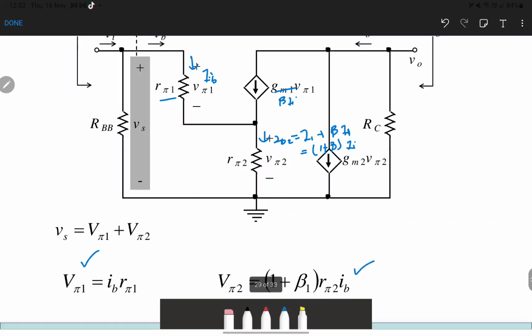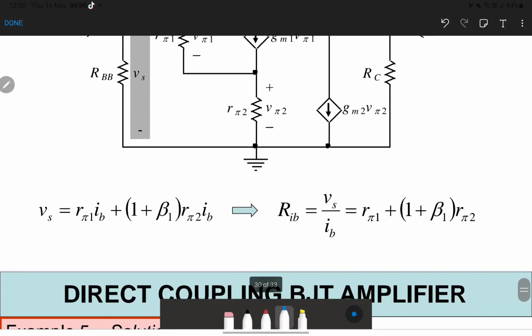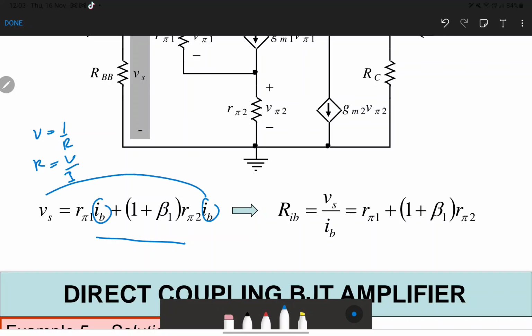You just make it total, and we can say that R equals V over I. So you can bring the current to the left side, V over current, so the left of the equation becomes resistance.